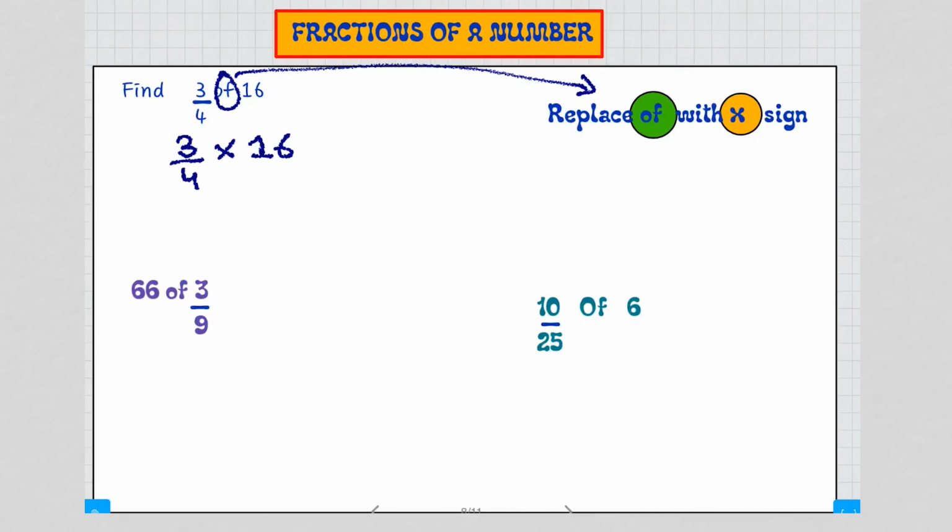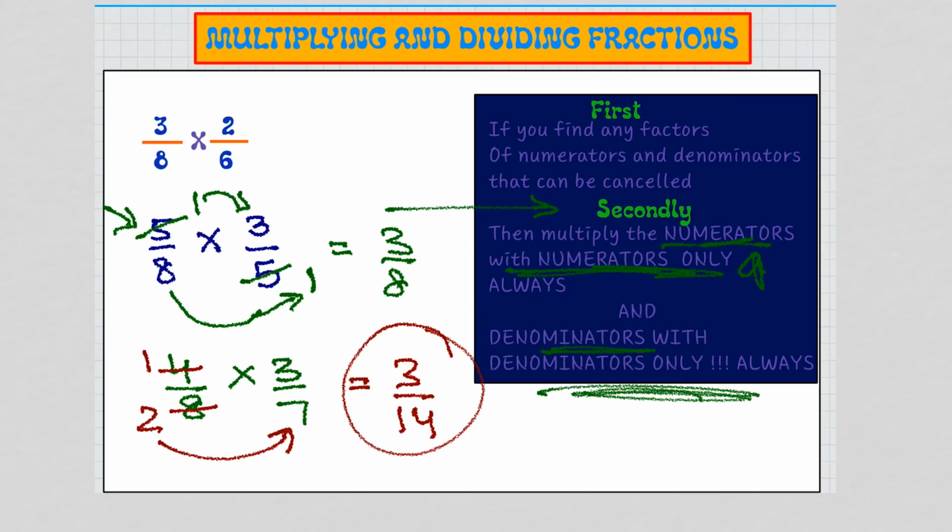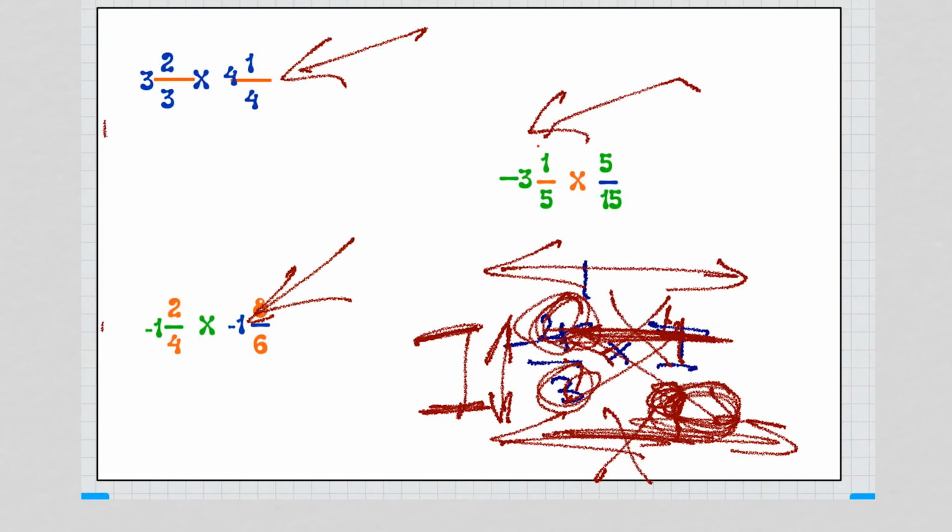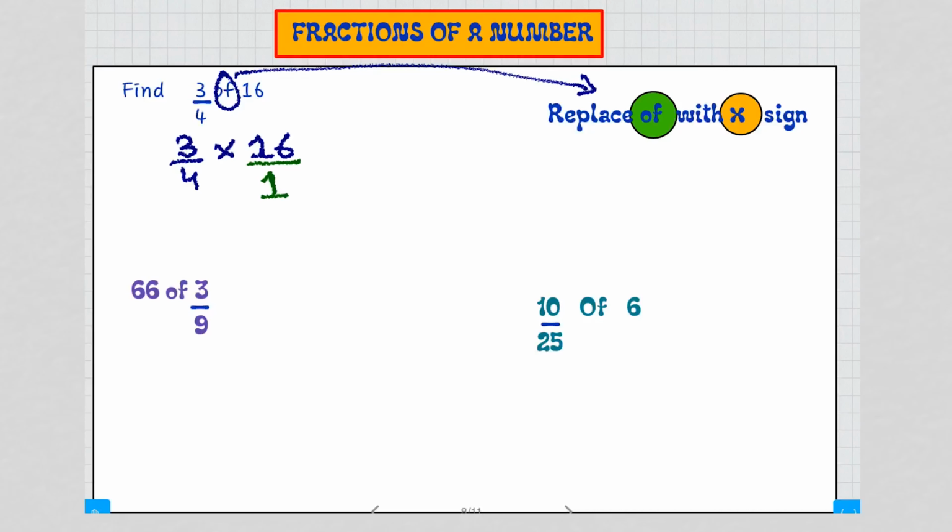What I suggest you is, please write down 1 underneath it, and then it will become same like our multiplication of fractions. So the same, after that, the same method to simplify it. 4 times 1 is 4 and 4 times 4 is 16.